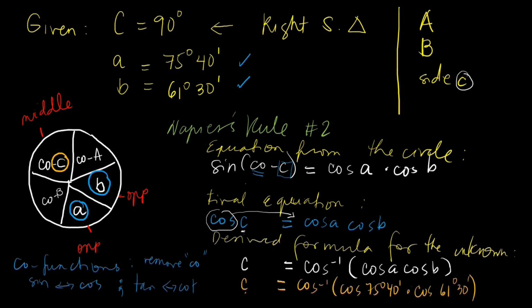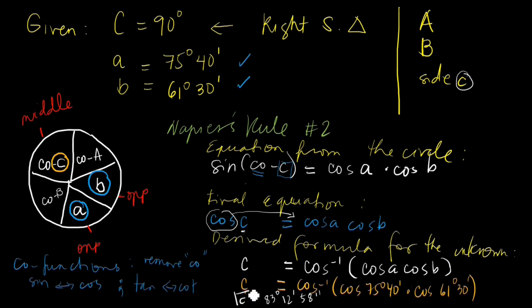The answer in the calculator in DMS, I'll just write it, so C equals 83 degrees, 12 minutes, and 58 seconds.